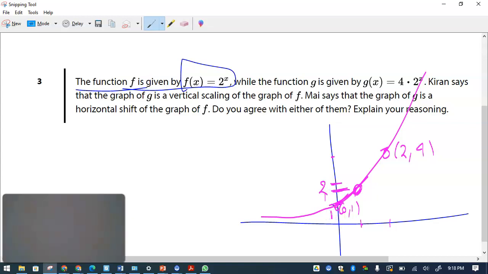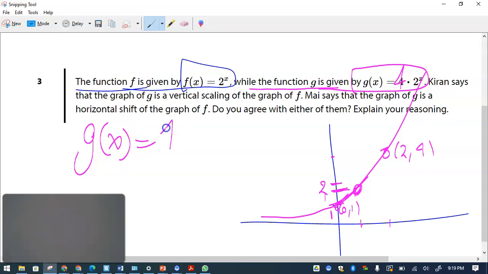So the question is, there's a new function g, and you can see there's a 4 multiplied by just looking at it. They gave you the new function g is 4 times 2 raised to x. Now both students are arguing. Kiran says the graph of g is the vertical scaling of f, and he says yes, it's correct.